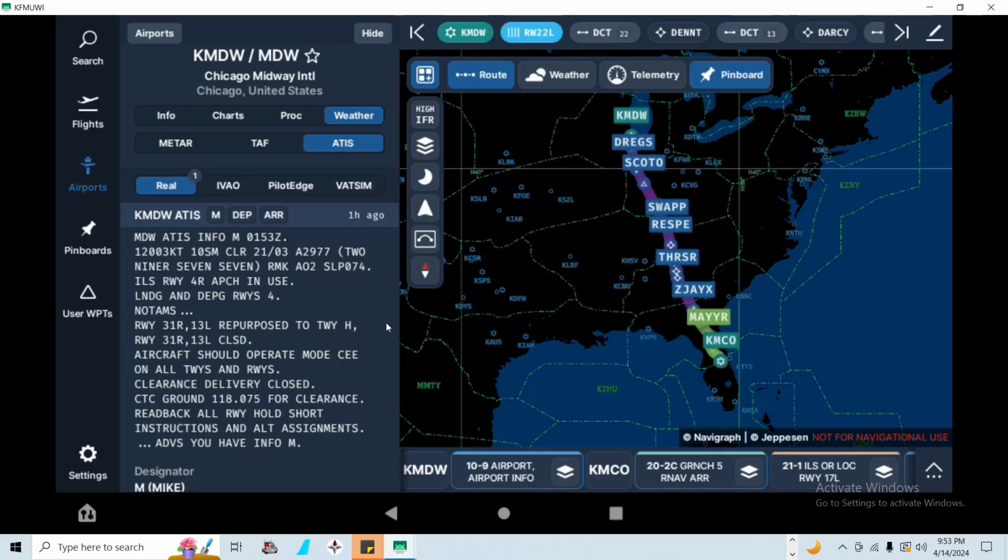Next to that, you'll see that SLP 074. So the SLP simply stands for the sea level pressure, and then it gives you the pressure there. Now, the A02, the sea level pressure, do we really need to know that? In some cases, yeah, but not all cases.